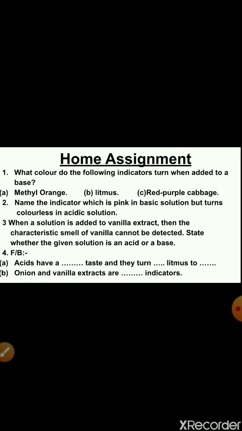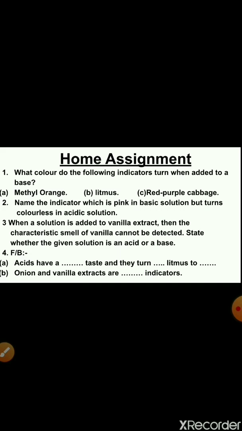Now children, after finishing all these properties, on the basis of the same topics which I have taught you, I am giving you some questions for which you have to find out your answers. First question is, what color do the following indicators turn when added to a base? First part is methyl orange, then litmus, and then red purple cabbage.